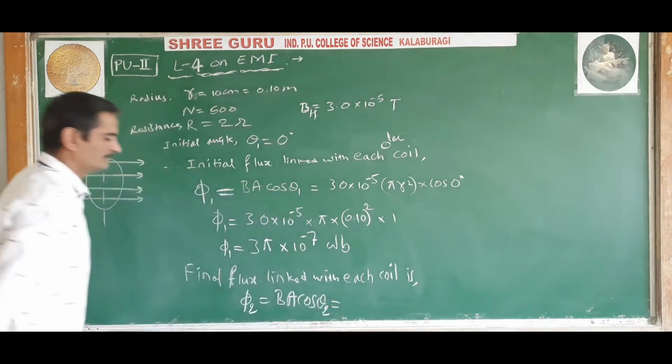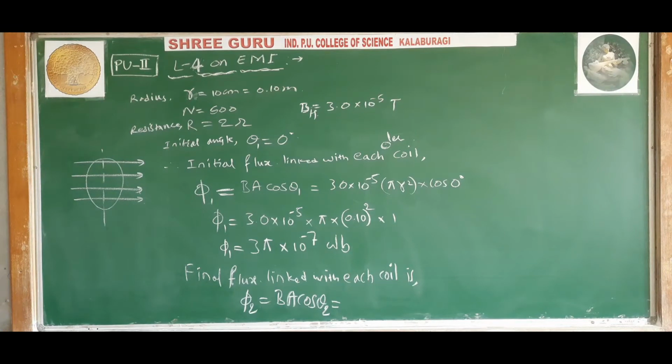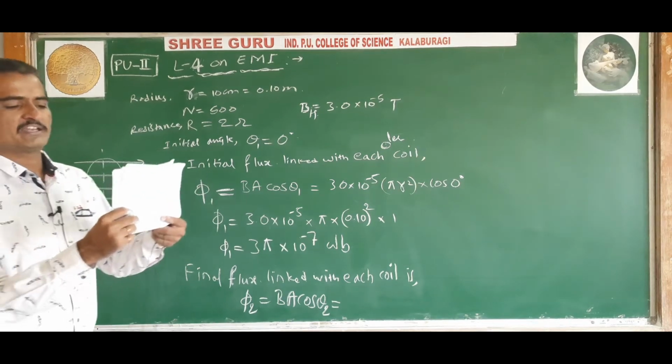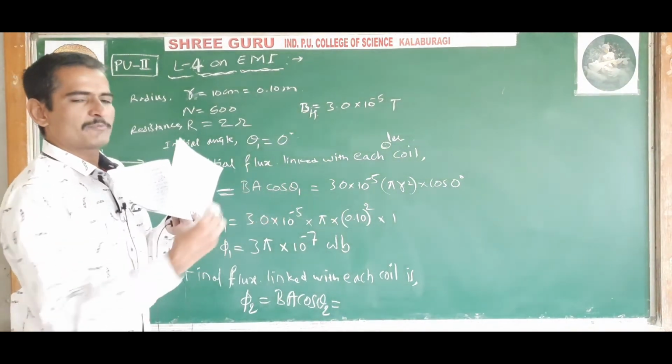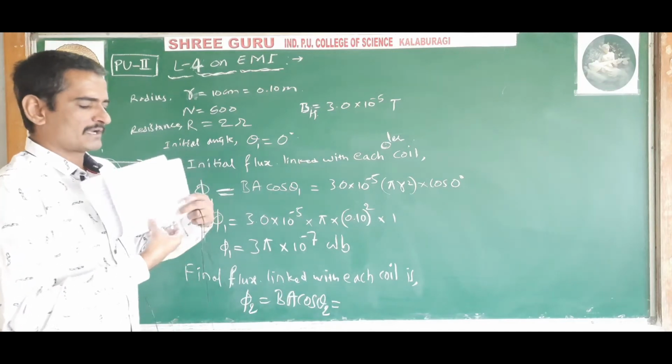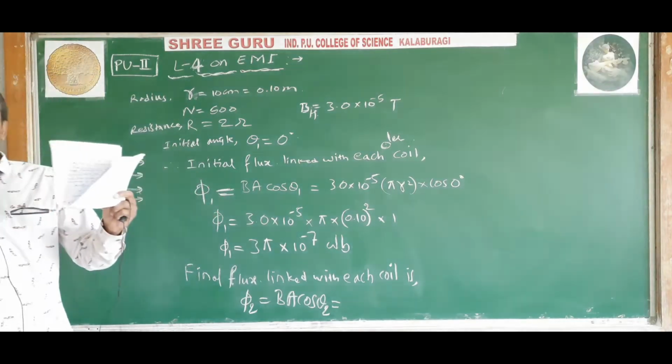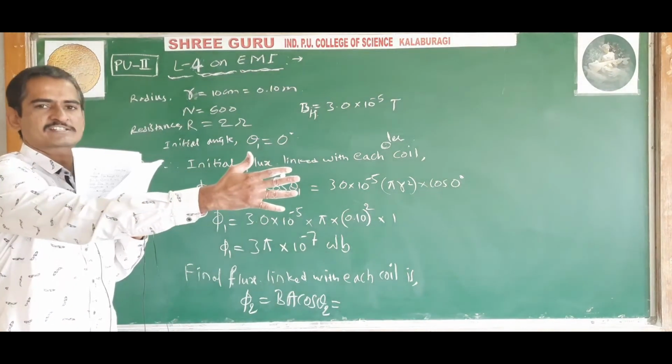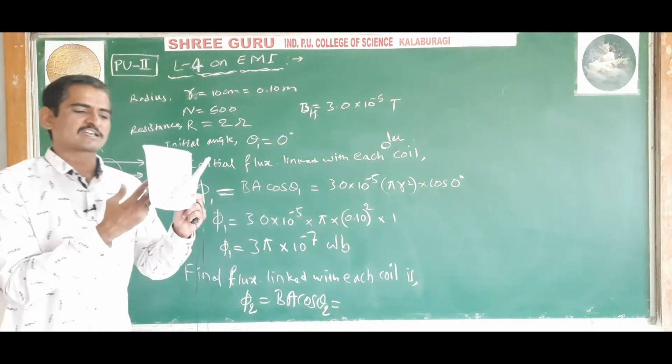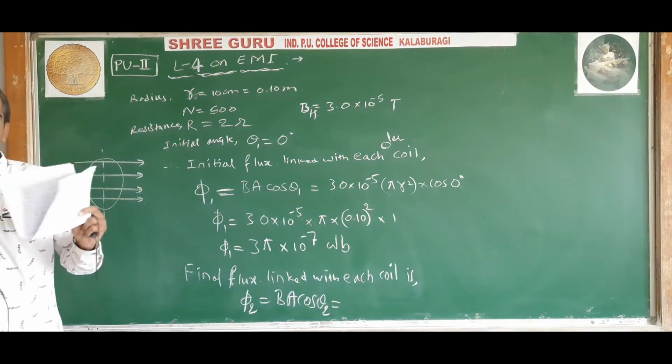Now the coil is rotated through 180 degree. If the coil is initially like this, the normal will be here. When it is rotated through 180 degree, the normal will be in the opposite direction while the magnetic field stays in this direction, and the normal drawn to the area will be in the opposite direction.